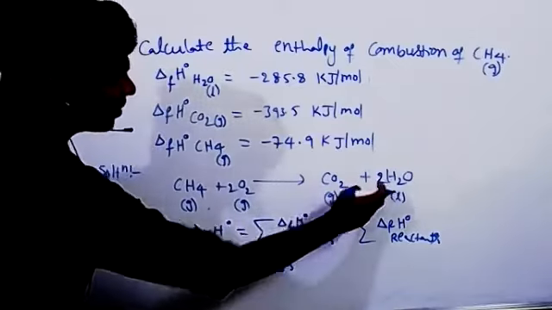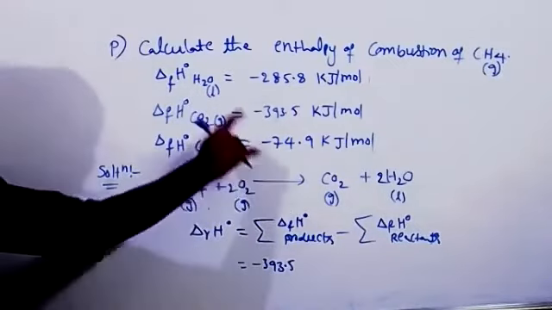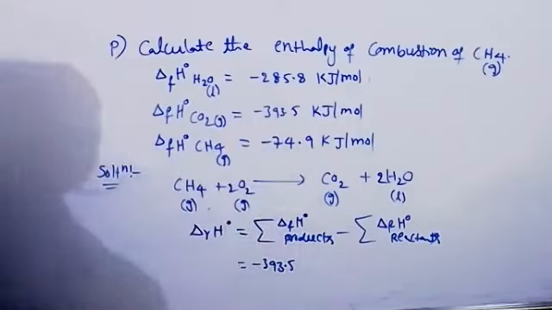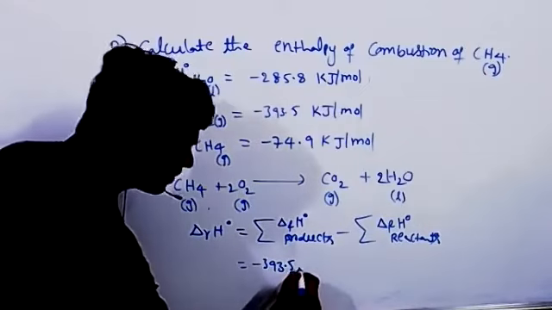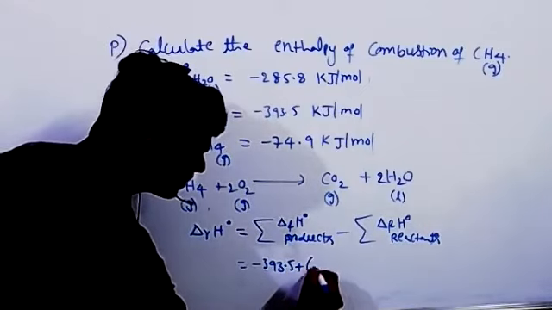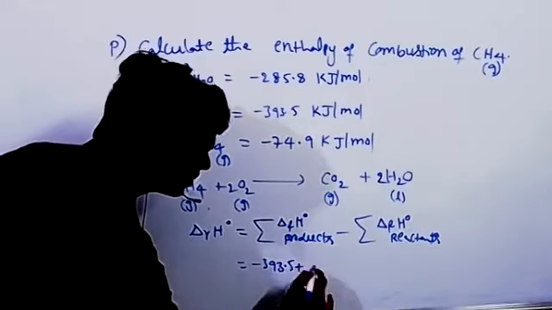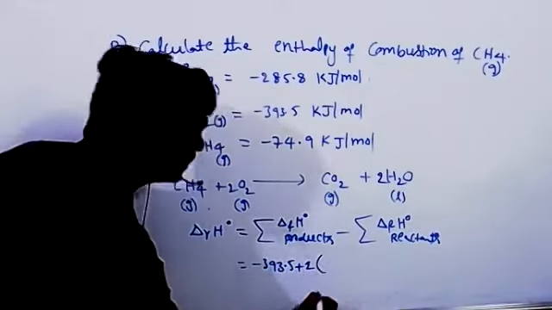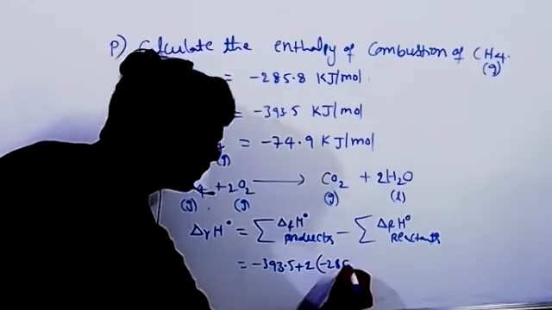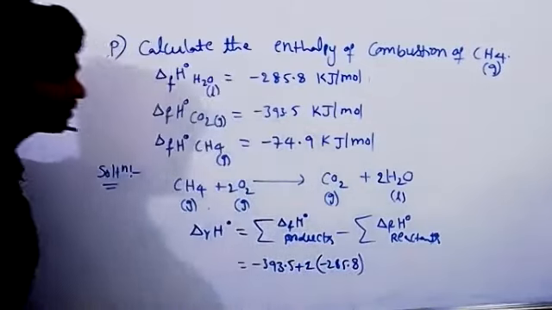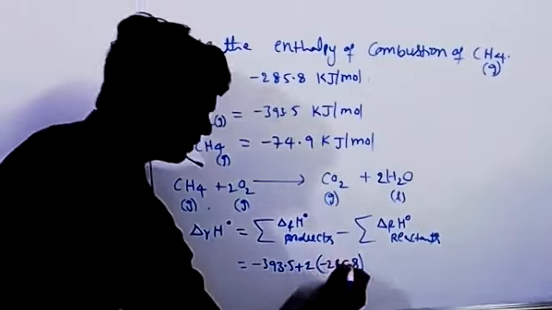Next, another product, water, 2 moles of water. To produce 1 mole of water, it is minus 285.8. So there is plus 2 into minus 285.8.